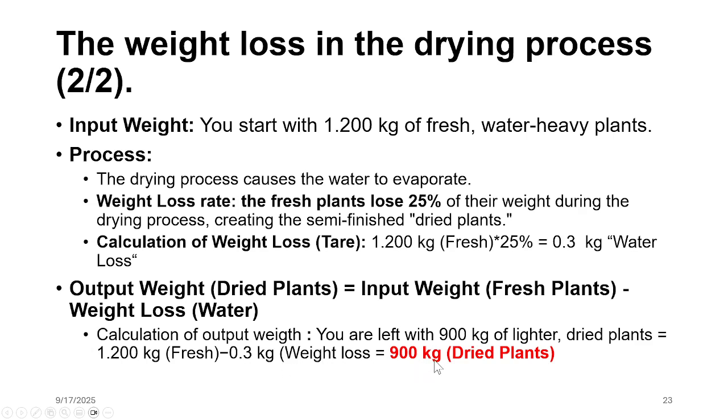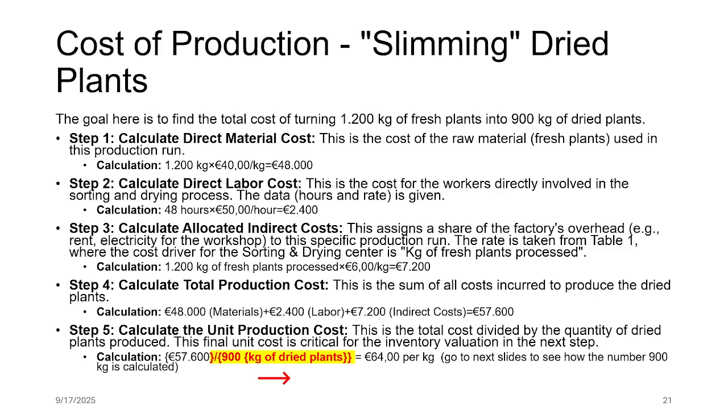So we have 900 kilograms of dry plant. I hope this is clear for you, of how we can calculate the output kilograms of the dry plant that was produced in this step, right?